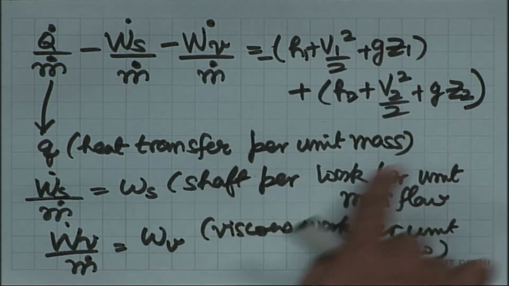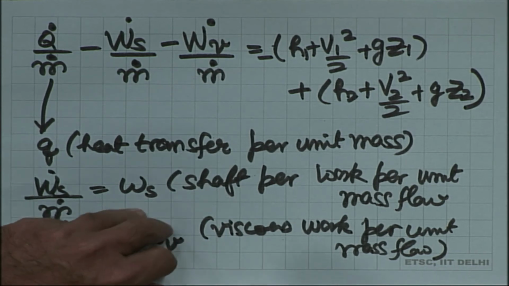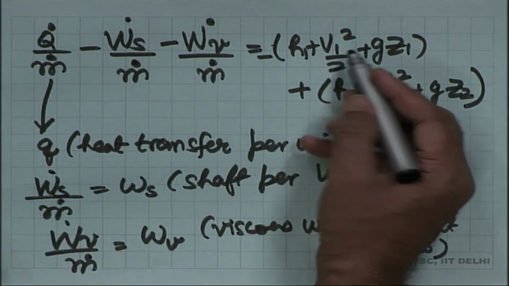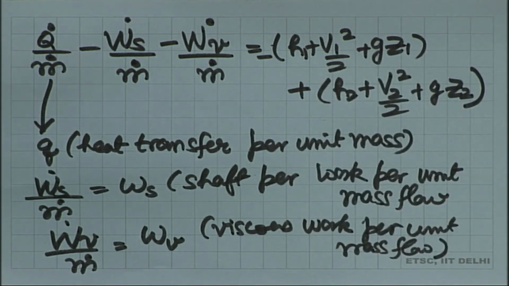What are the dimensions of each of these terms in the equation? You can clearly see all the terms should have the same dimension. So, that is nothing but V square by 2.